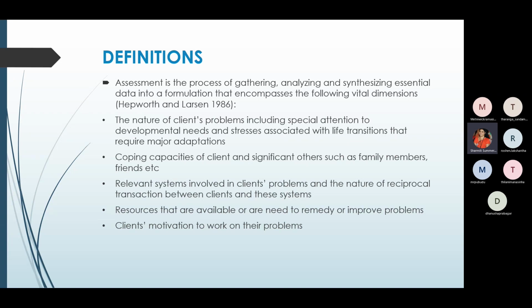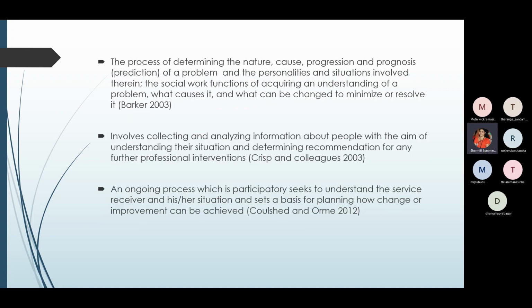They are saying that assessment means, when we are gathering the information, we need to focus on these five major criteria. Then the second one was proposed by Barker in 2003. He also says it is a process of determining.